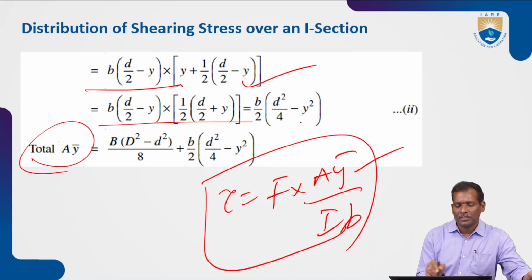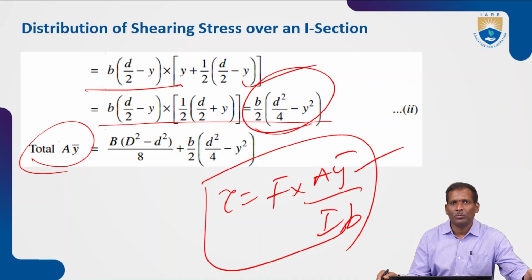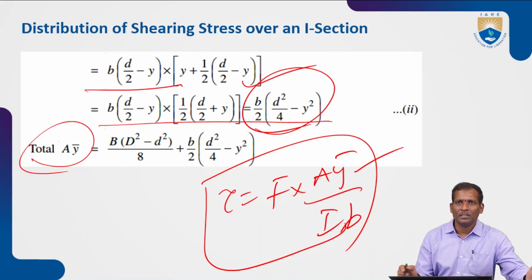Now simplify this equation. b into small d by 2 minus y multiplied with 1 by 2 into small d by 2 plus y. So now finally we got b by 2 into small d square by 4 minus y square. So now the y bar is calculated here.